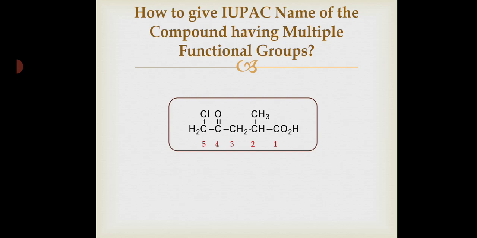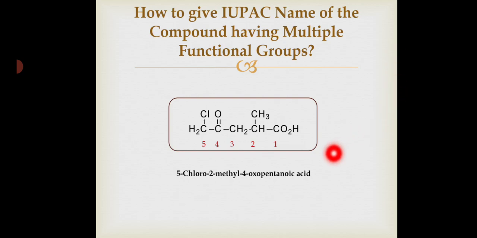So who will get preference among these 3: chloro, oxo, and methyl? If you see the alphabetical order, chloro will come first, then methyl, and then oxo. So the name of this compound is 5-chloro, 2-methyl, 4-oxo, pentanoic acid.